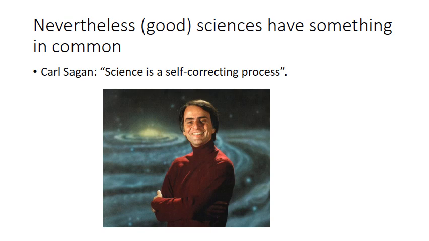And that is that they create a self-correcting process. Now, what does Sagan mean by that? He means that good scientific methods and a good framework in which science is being done will correct for the individual mistakes of scientists over time.